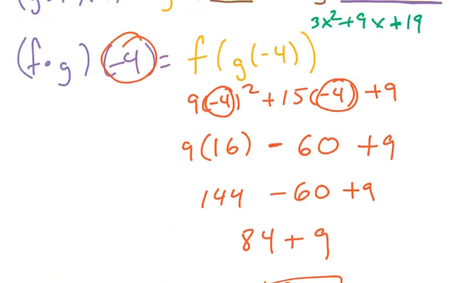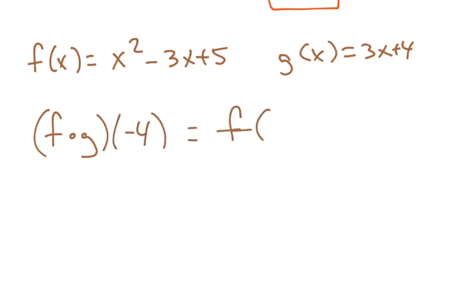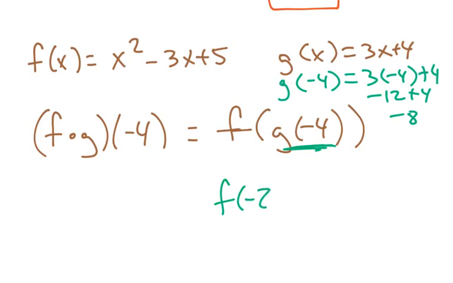So if I'm solving for f of g of negative 4, the goal here is that you can just take this g of negative 4 and solve that, which gives me negative 12 plus 4, which is negative 8, and now I'm down to f of negative 8.